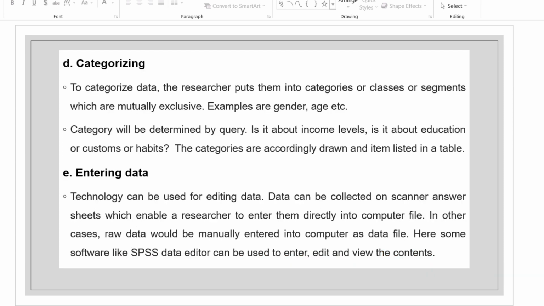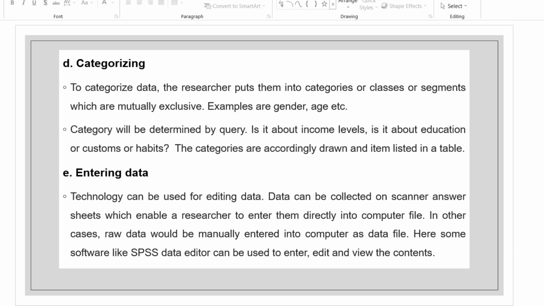The next step is categorizing data. Once the codes are assigned, we have to categorize the data into categories, classes, or segments that are mutually exclusive and independent, for example on the basis of age, gender, etc. If we are studying awareness, we assign codes to the data collected, and awareness can be studied on the basis of age or on the basis of gender.